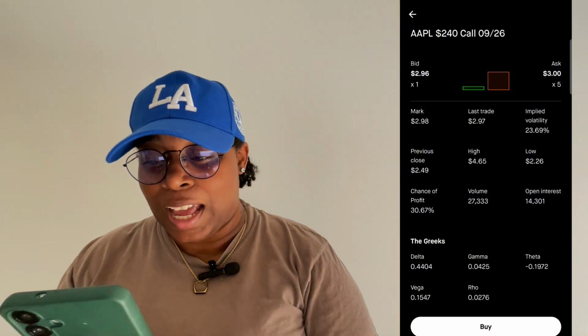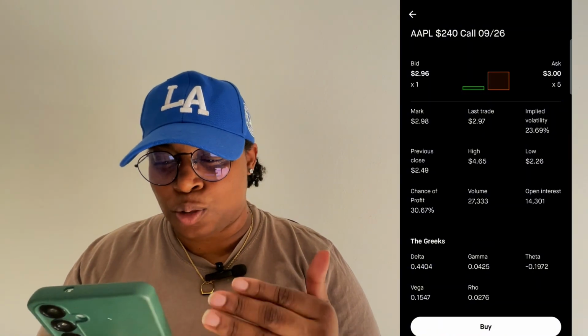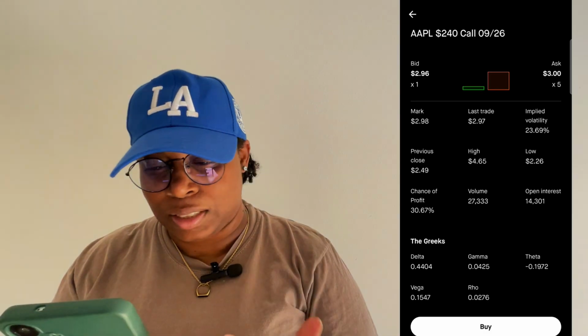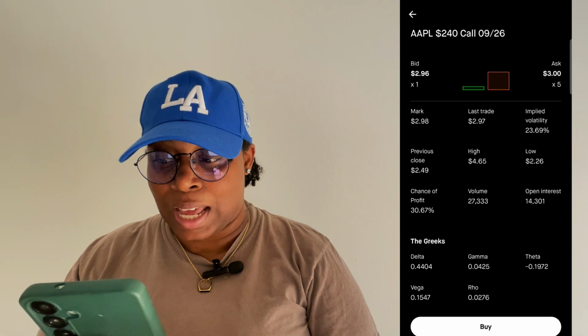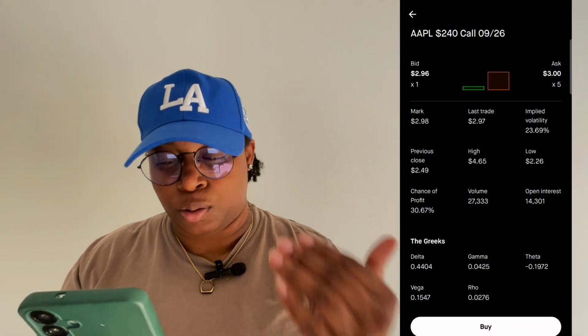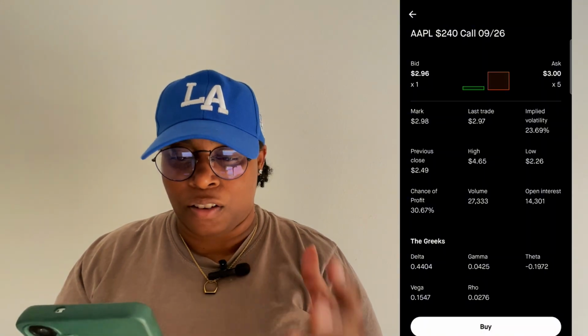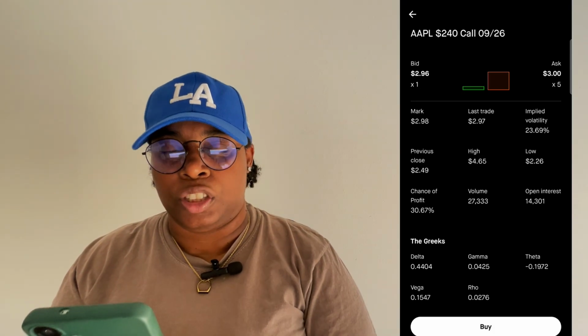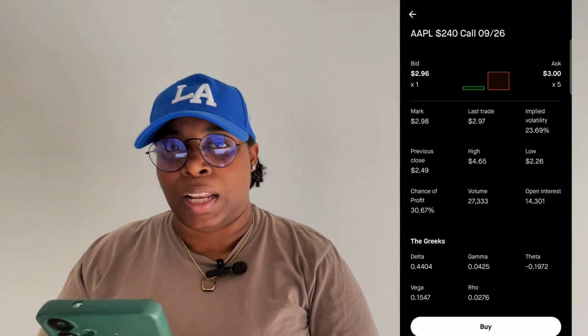Now, the last trade is just basically saying this is what this particular option was last trading at. In this case, it's $2.97. That just means that at some point the bid was at $2.97, and currently it's showing $2.96. That is all that is. It's just giving you a general idea of what it was last trading at.